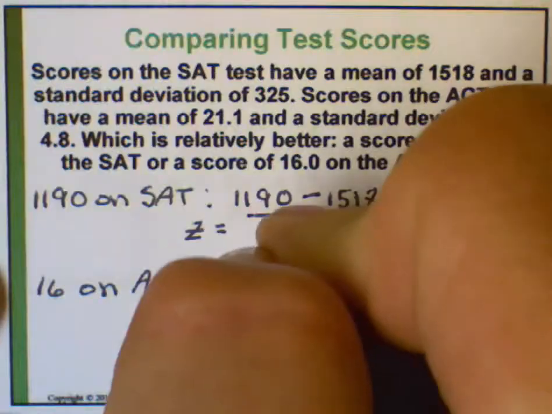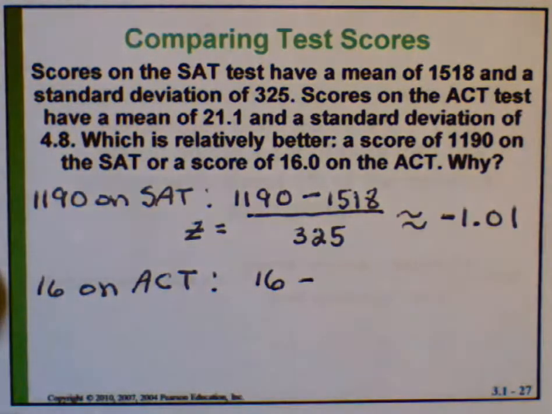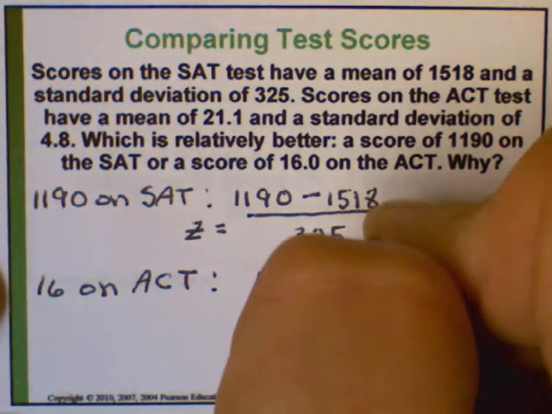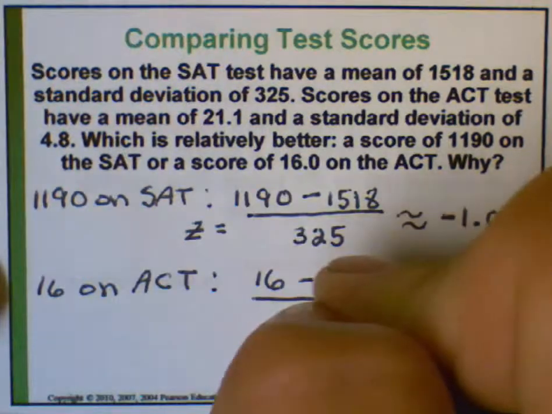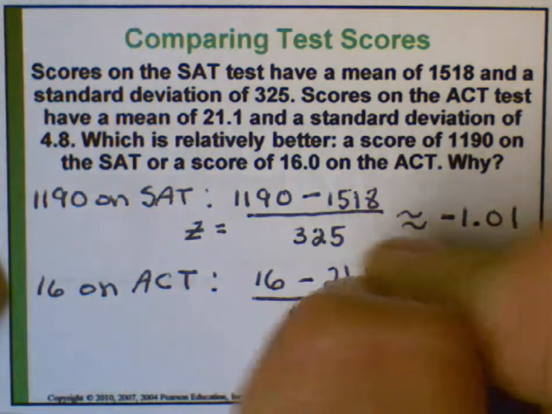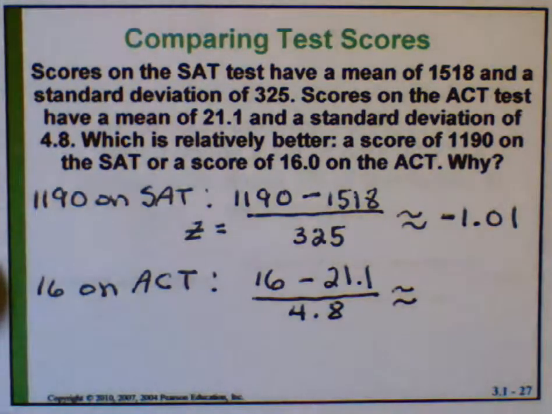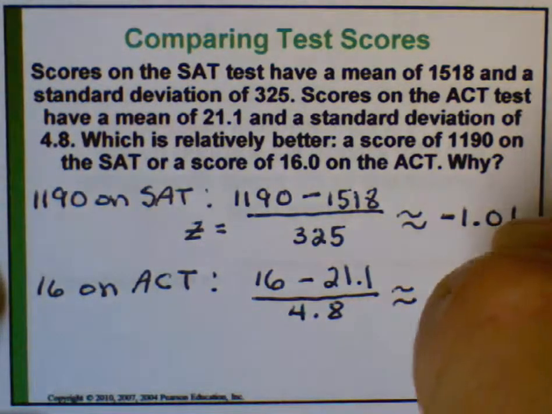Well, the mean ACT is 21.1. Divide that by the standard deviation on the ACT, which is 4.8, and you get a z-score of negative 1.06.